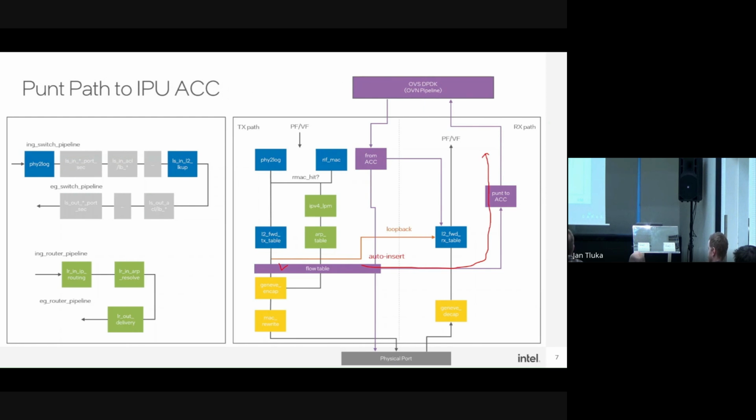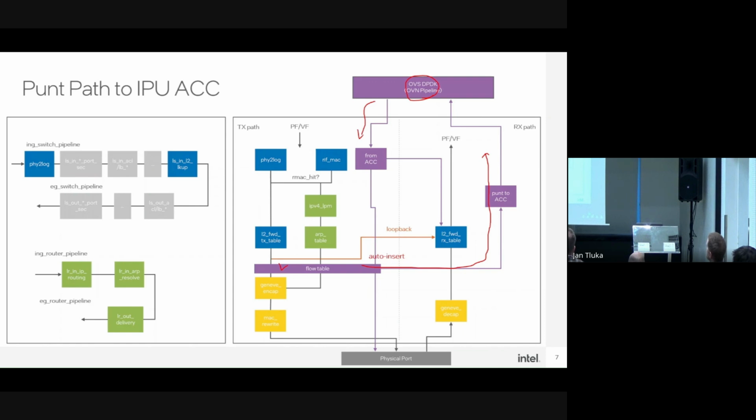Then this first packet is looped back to the RX path and is forwarded to the port to which IPU ACC is connected. Then OVS here receives the packet, executes the full OVN pipeline and determines the logical output port, and then the packet is re-injected into the TX path again.